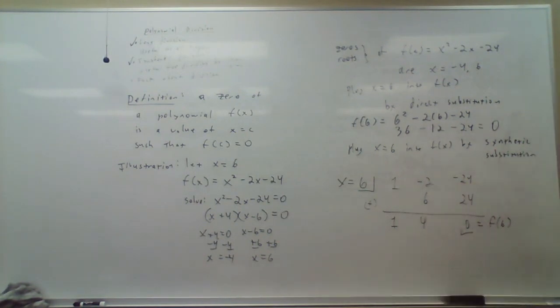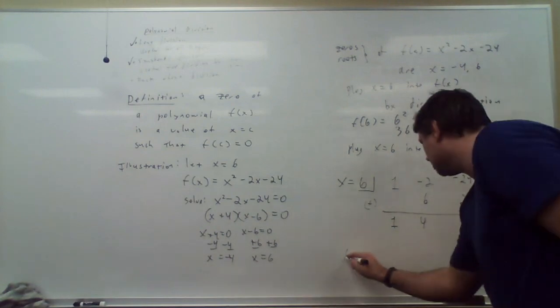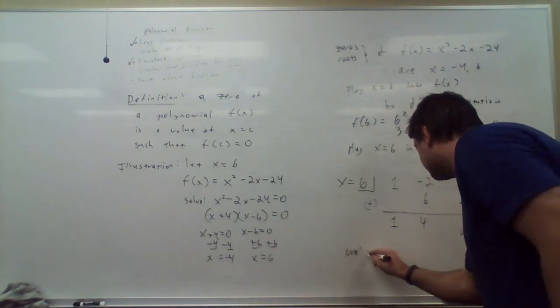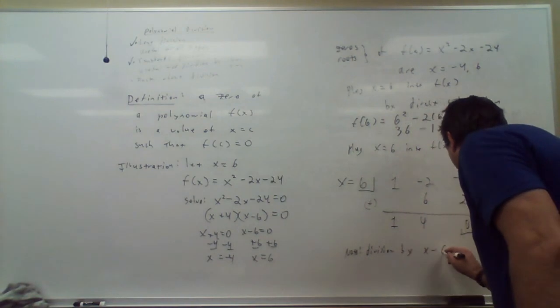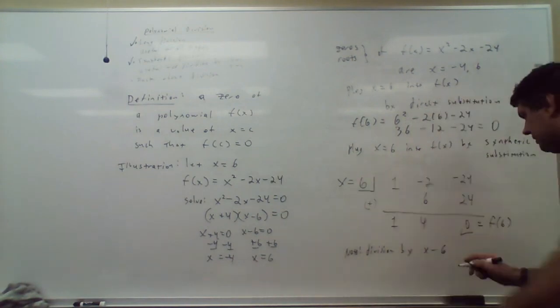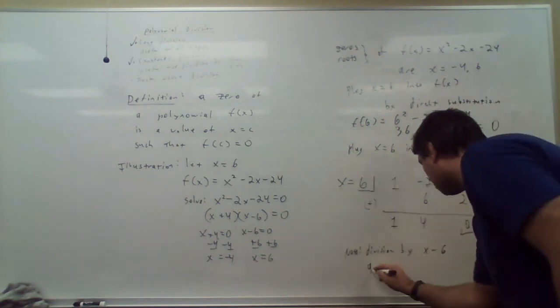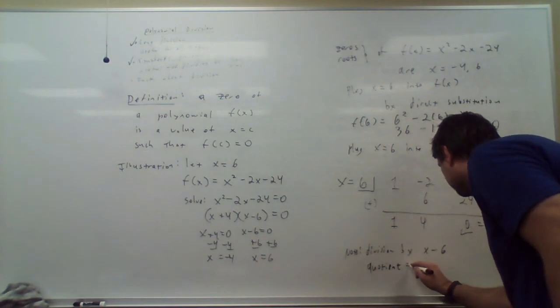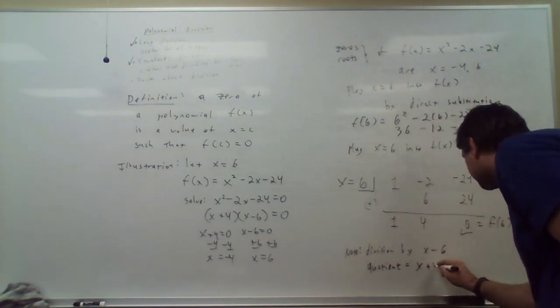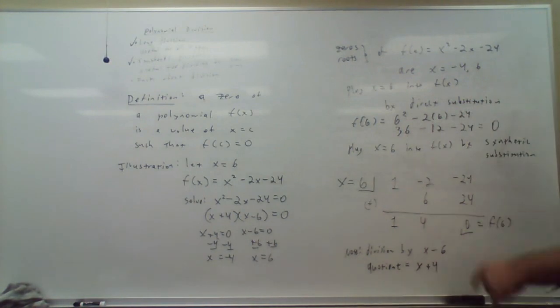Okay, note, division by x minus 6 would leave a quotient of x plus 4 and a remainder of 0. Okay? All right, and I'm going to stop there.